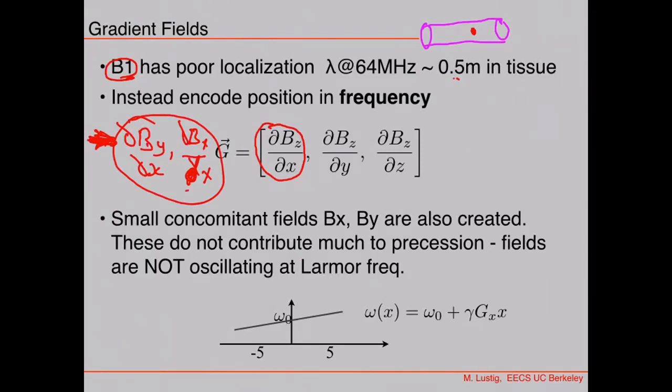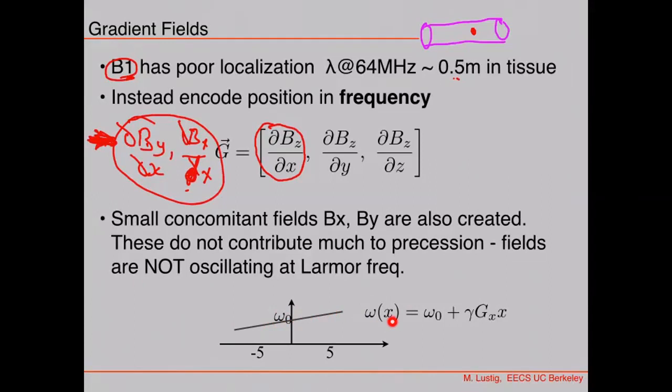Okay, so when we apply a gradient field, the resonance frequency changes in space. It kind of looks like this. At the center of the magnet, the resonance frequency is omega 0, which is proportional to B0. Because we're applying a gradient field on top of that, the field on the right is going to be higher, and the field on the left is going to be lower.